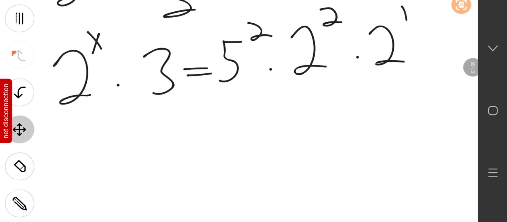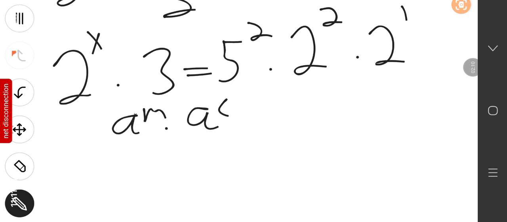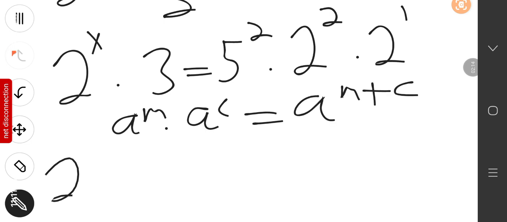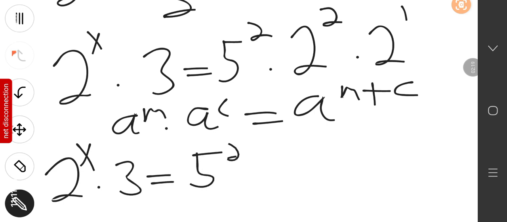So you can see we've cross multiplied. Now we're going to apply the first law of indices here. So a exponent m times a exponent c should give us a exponent m plus c. So you're going to have 2 exponent x times 3 equals 5 exponent 2 times 2 exponent 3.